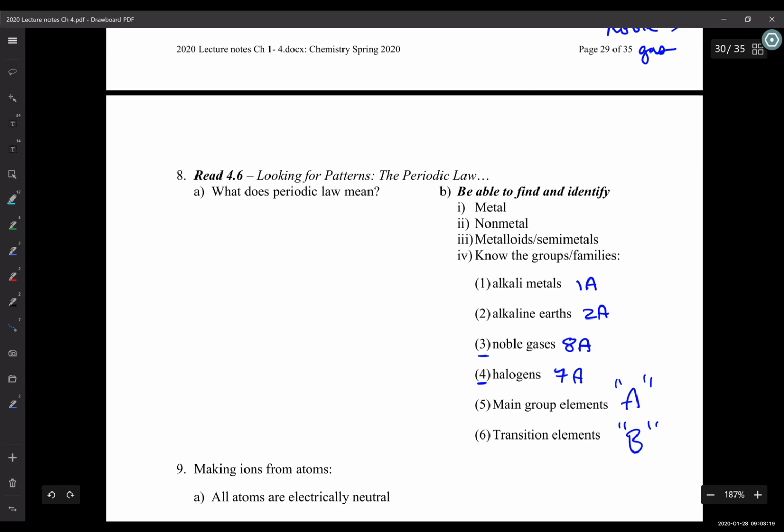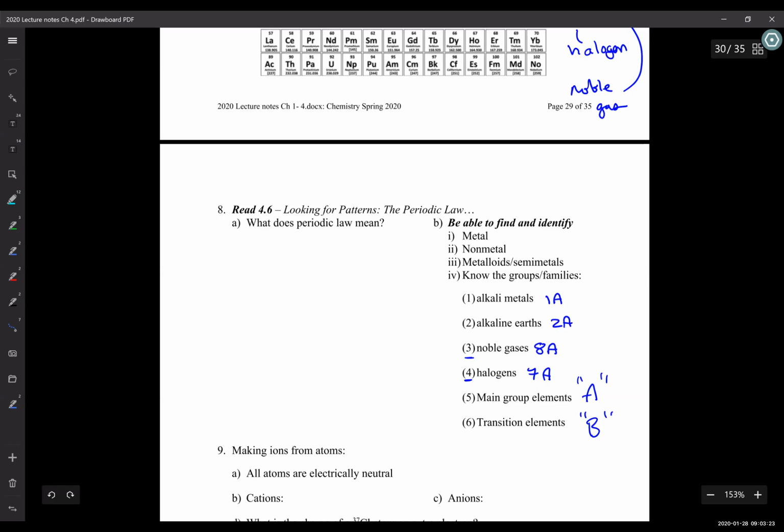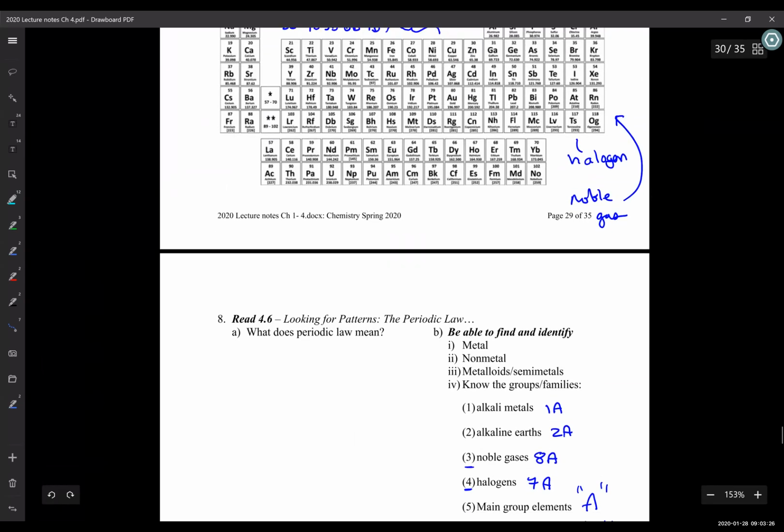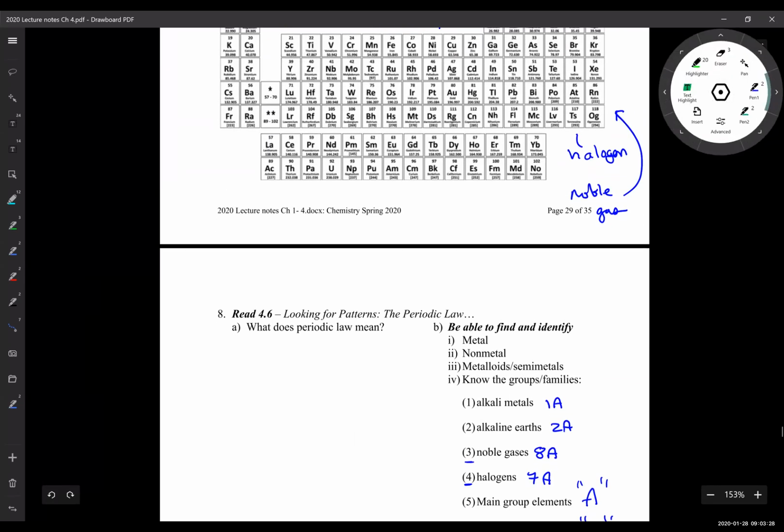Okay. And the transitional elements are A's and B's. You know there's this little kick out in this periodic table that's here. Maybe I can use a pointer on here. I think maybe you can't do it now. You can use the highlighter.